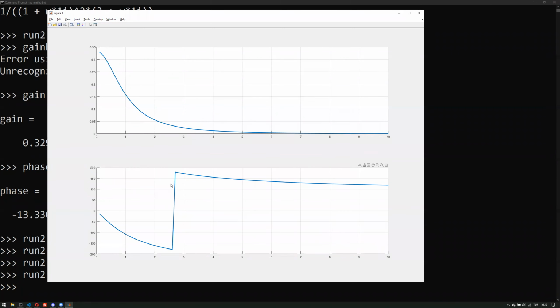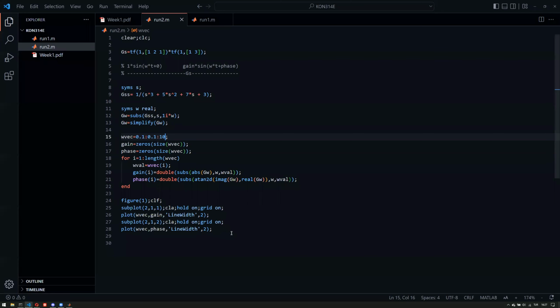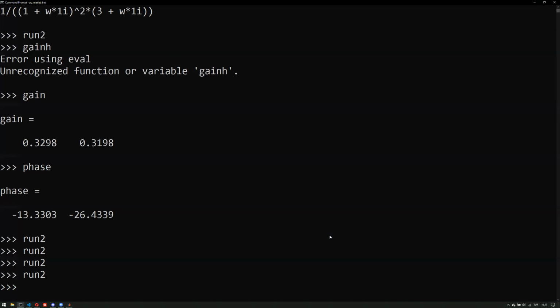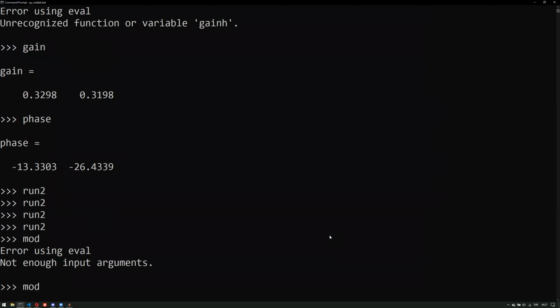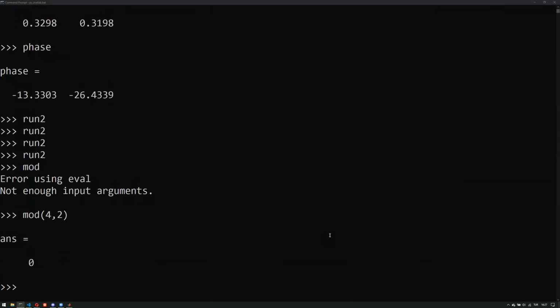If you think about atan, it has its asymptotes, and it seems like it's jumping here. We have to take the mod 180 and add 180. It was something like that in order to correct this jump. Let me maybe quickly try to do it, but I don't really remember. So phase, was it mod? Yeah, mod 360, 2. Okay.